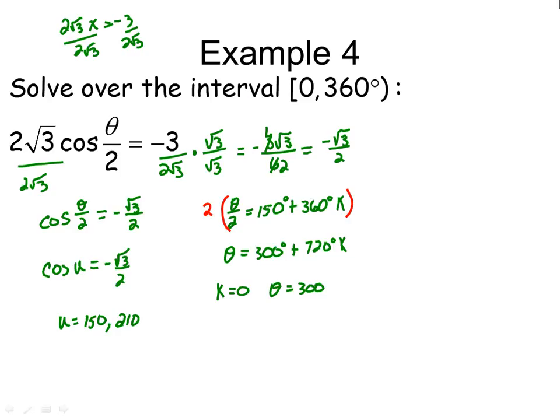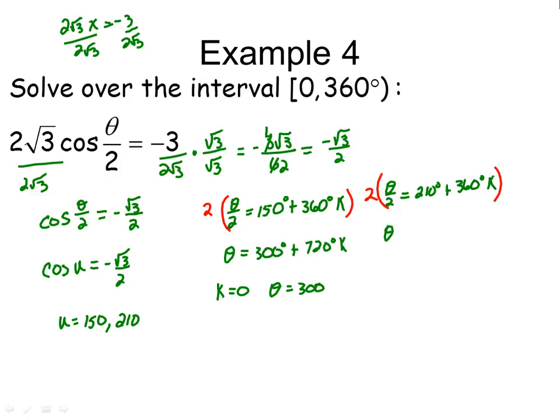No. We got a 210 to go for. Instead of u equal 210, we need to say theta over 2 is equal to 210. And then we need to put our range in there, 360 degrees. And our possible hits. So if k is 0, our first possible hit, please get theta by itself, which is something I, for some reason or another, I'm forgetting.